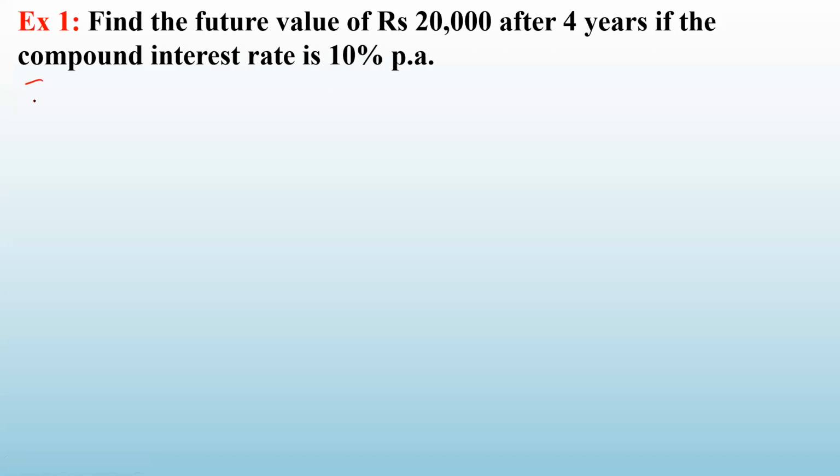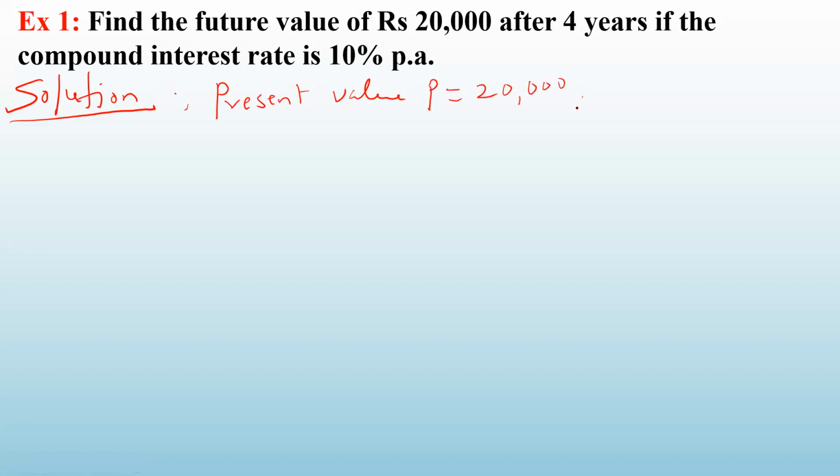What is given here? The present value, that is P, is given as 20,000. And you have to find its future value after 4 years, so n is 4 and R is 10.